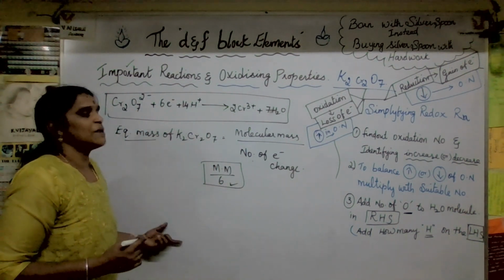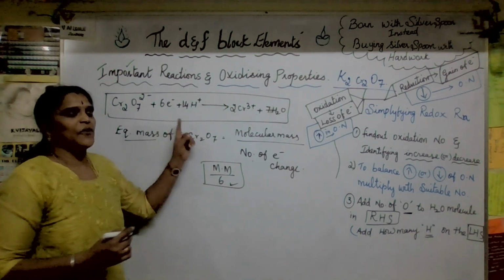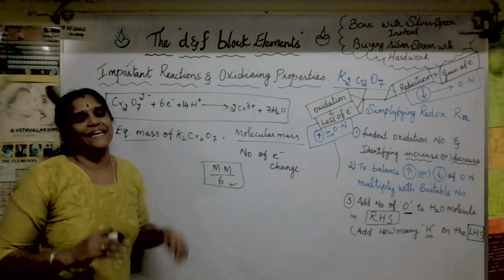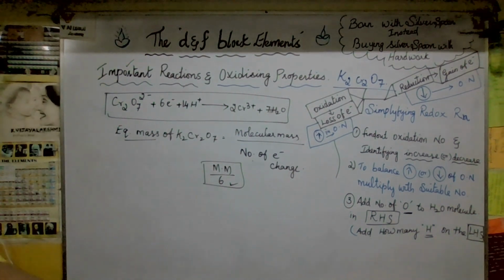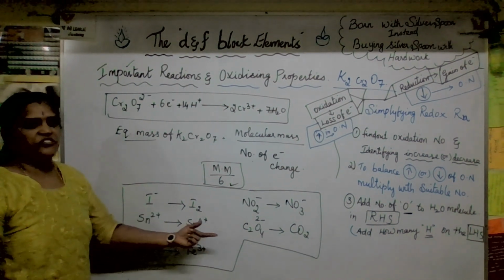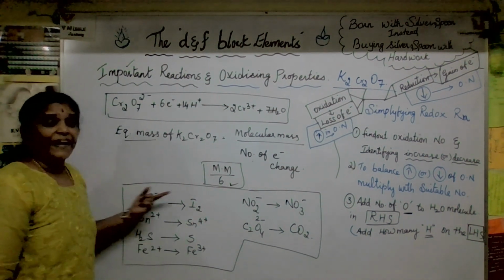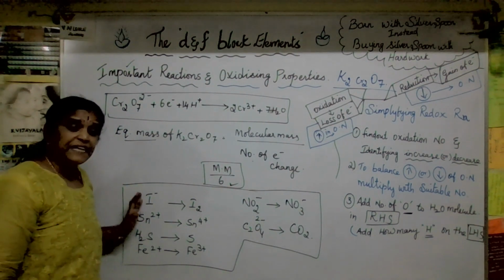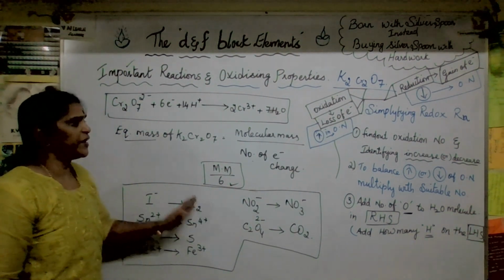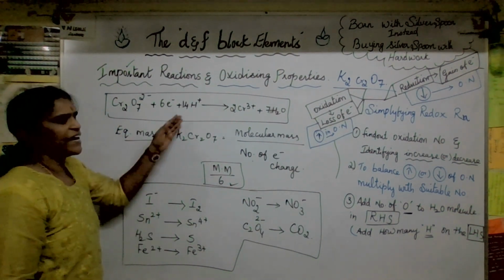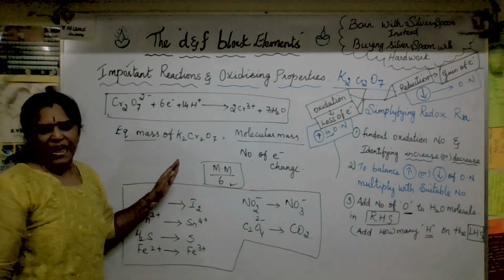I'll give some reactions. Now we are going to do some balancing equations. I have written some reactions: iodide into iodine, it oxidizes iodide into iodine. Let us check it with the balancing equation.